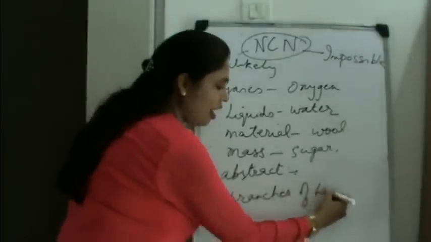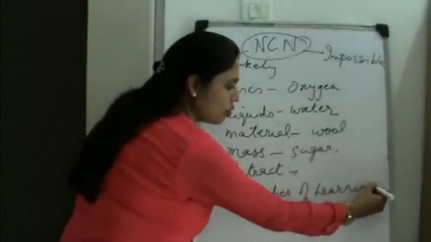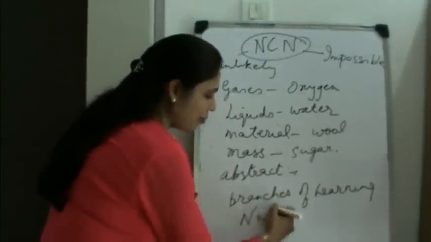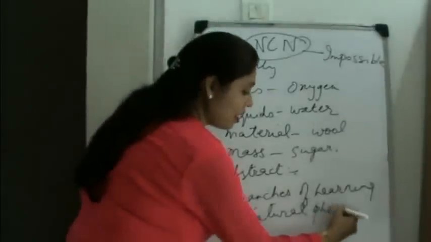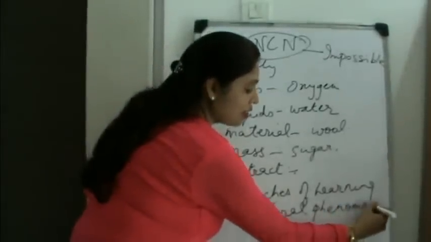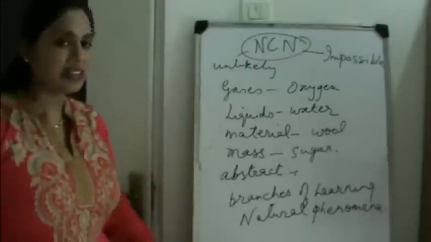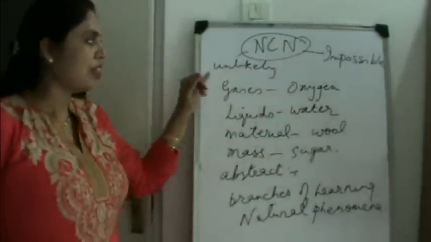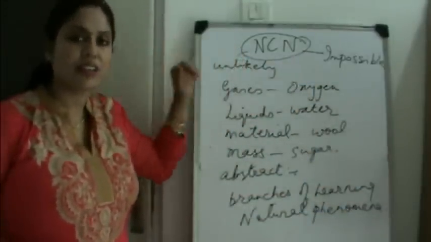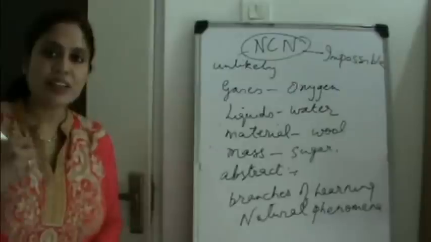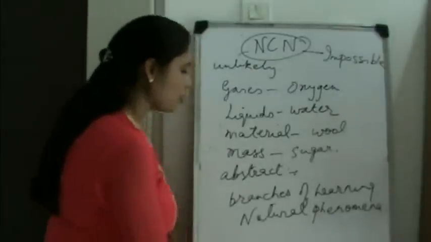Branches of learning and natural phenomena also fall into this category. Chemistry, mathematics and natural phenomena like thunder, lightning, etc. They also are the categories on the basis of which we classify nouns into NCNs. Now let us look at some other aspects of non-countable nouns.